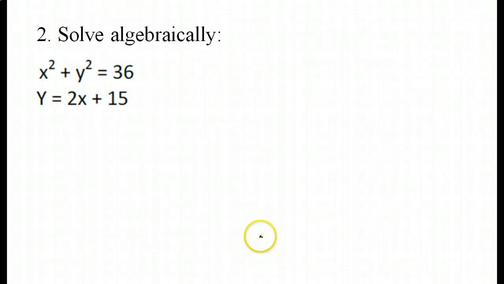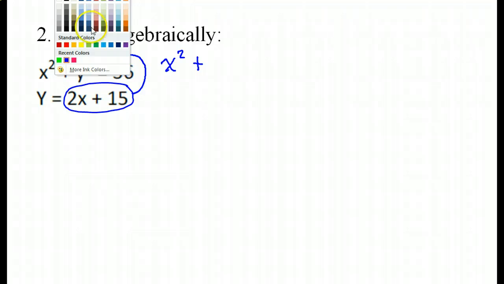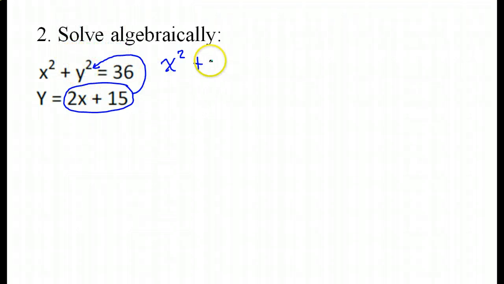All right, problem number 2. Okay, once again, y is already by itself, so I can just go ahead and substitute that in. So I'm going to have x squared plus, all right, now y squared, but I'm substituting 2x plus 15 in here.